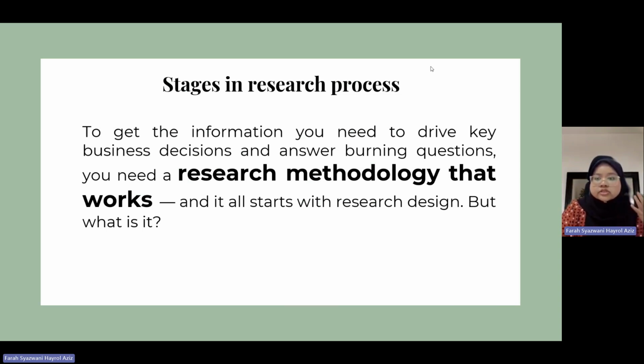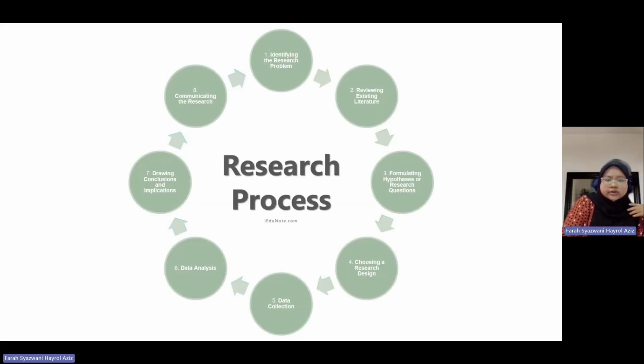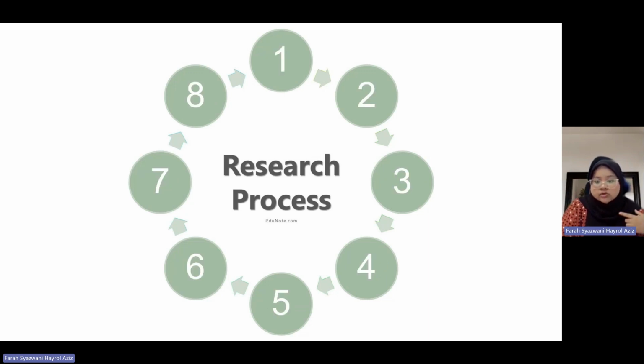This is just a reminder that in order for you to get the information that you need to drive key business decisions and answer burning questions, you need a research methodology that works. And it all starts with research design. But what is it actually about? Okay, so again, please remember these 8 steps of the research process, which starts with identifying the research problem and ends with communicating your research.